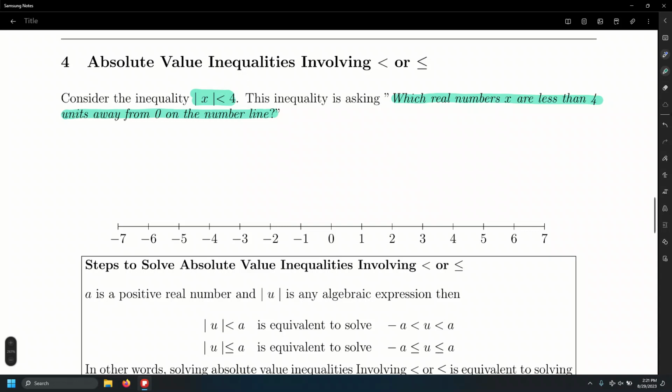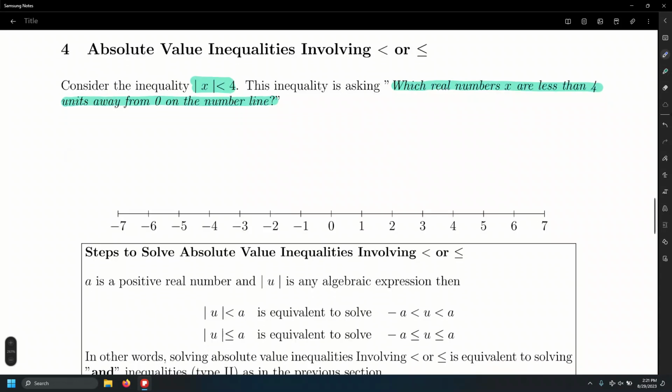Let's go to 0 first of all, and from there, what numbers are less than 4 units from 0? So you do parentheses, negative 4 and positive 4. Let's test some numbers here. What about 1?